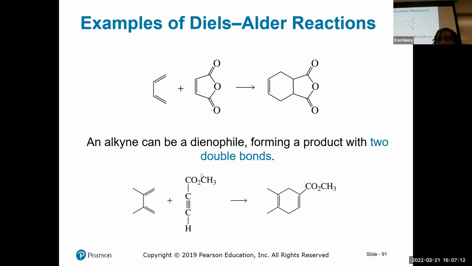And then the other thing is that in the case of the triple bond, you're just going to be using just one of the bonds to initiate that product starting. Okay.